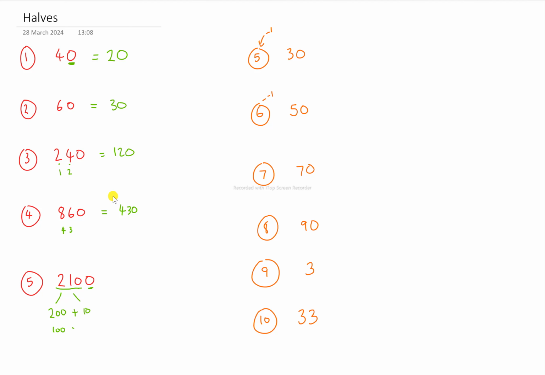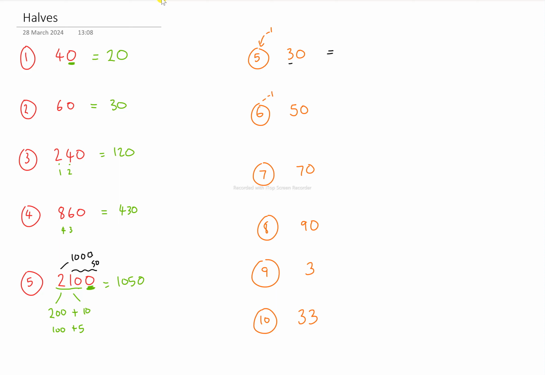Half of 10 is 5, so it's 105. And then the 0 that I've hidden, I can bring back. So it's 1050. It depends on how you want to do this. I could have said half of 2000 is 1000 and half of 100 is 50, so it's 1050. But as long as your brain's working, don't trip up over this.